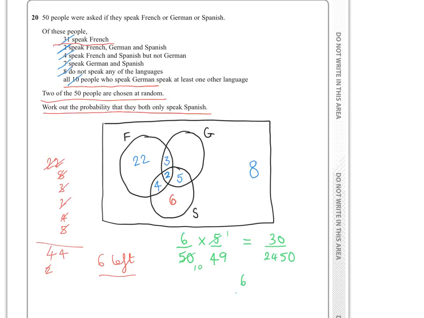So you're going to get 6 out of 490, and you can cancel that even more. I think my calculator, if I just do 30 out of 2,450, it will give me 3 245ths. And either of these answers will be absolutely fine for full marks.